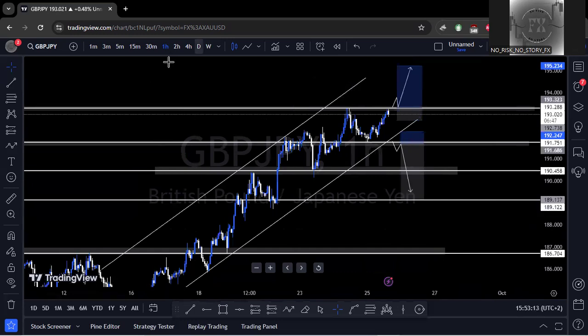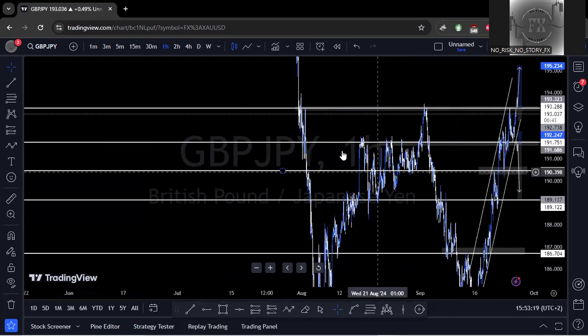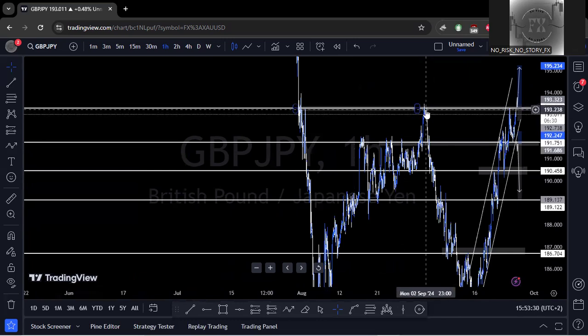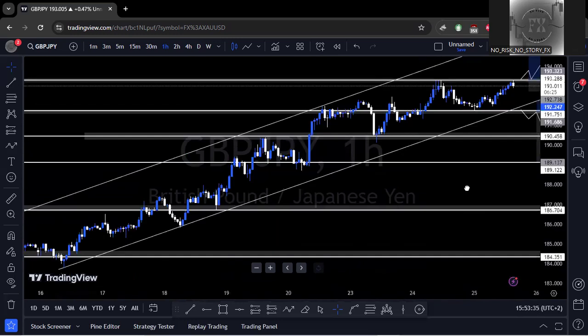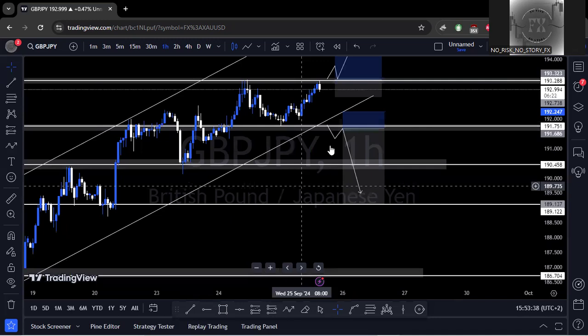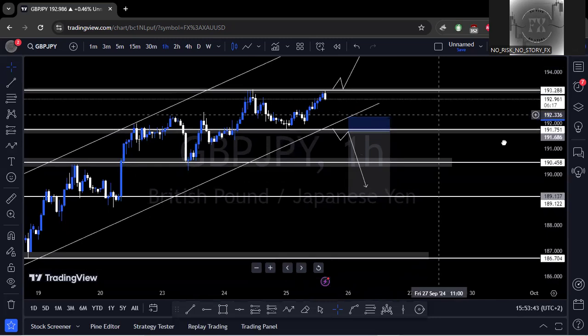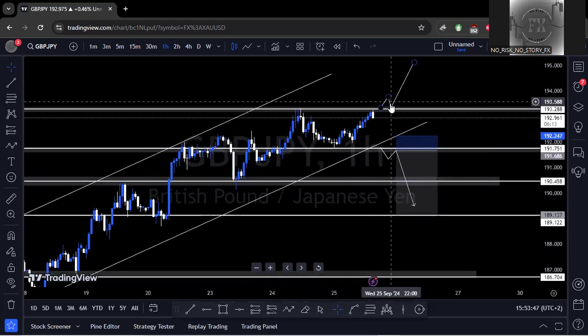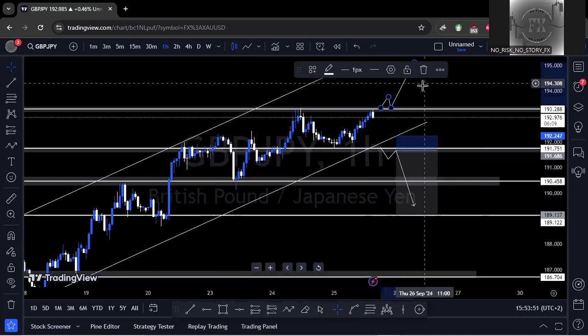But if we come here, it is evident from the past that when the market comes to around these areas, it rejects, then shoots to the downside. So what I'll do here is just to take away this, knowing that if the market breaks above here, I'll wait for a retest to then buy the market. But I'm not going to do that for now.